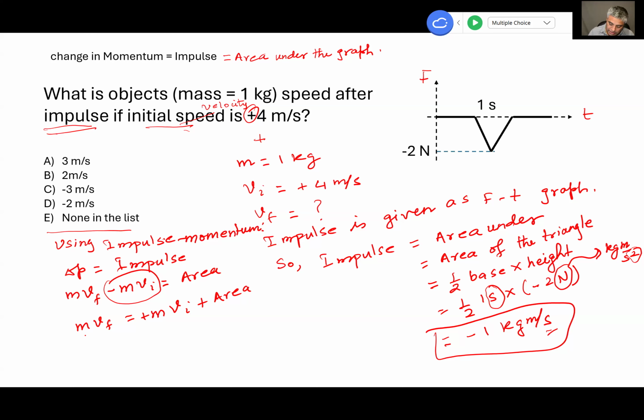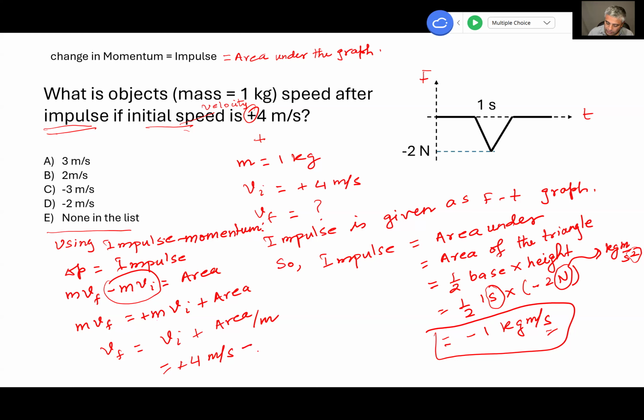So vf is now vi because this mass cancels. So now we can use vi as positive 4 meters per second.